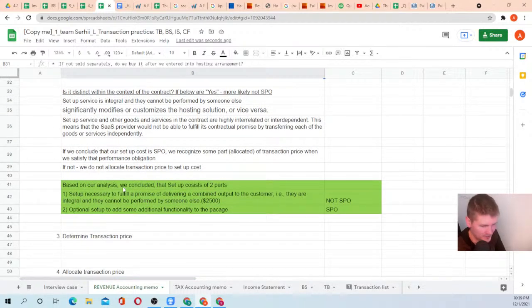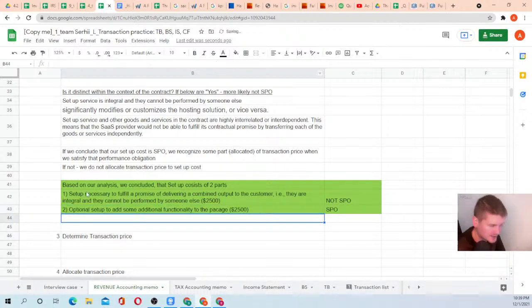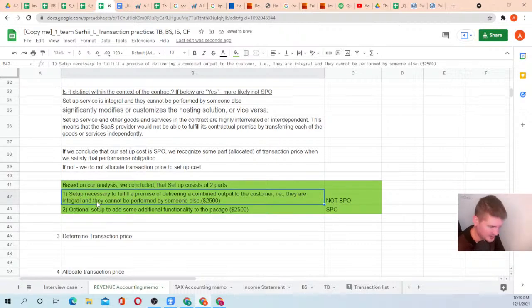And to make everything more interesting, I specified that our setup costs consist of two parts. The one is kind of required to make everything work.